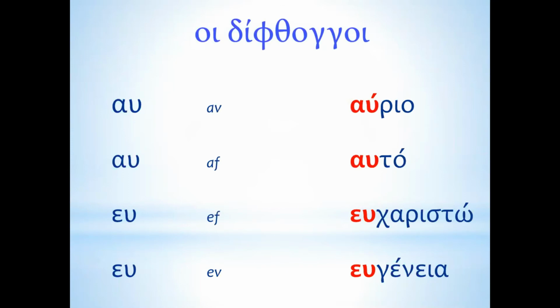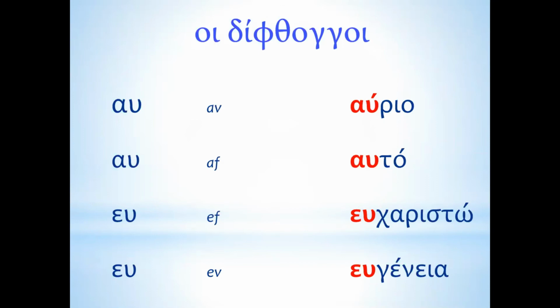This is the last list: whenever we have an epsilon and another consonant. Whenever we have alpha epsilon, like in avrio, it will be pronounced as a v. Avrio means tomorrow. But if it is as in afto, followed with a tau, it will become an f sound. So afto, this.